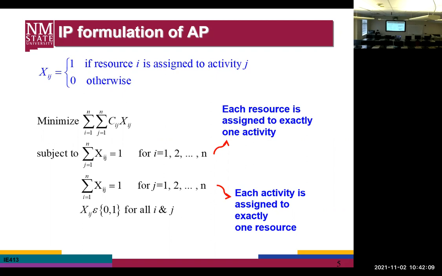We have two different sets of constraints. The first set of constraints is that each resource is assigned to exactly one activity. The second set of constraints ensures that each activity is assigned exactly one resource. As you can see here, this is a special case of the transportation problem, with the supply amount and demand amount each equal to 1.